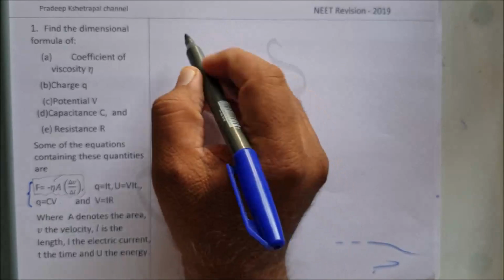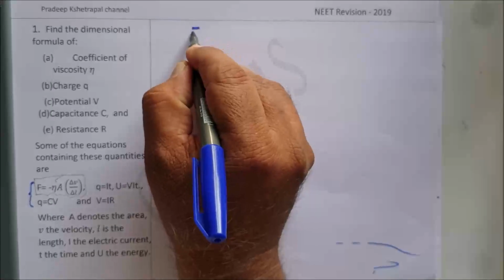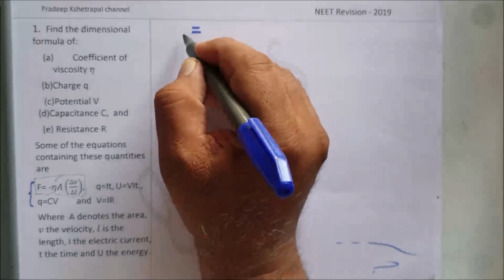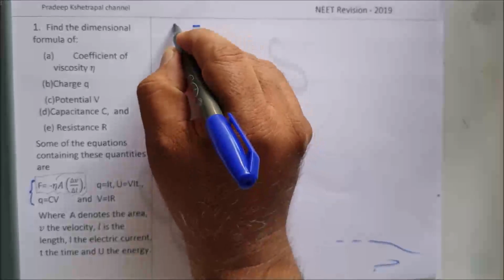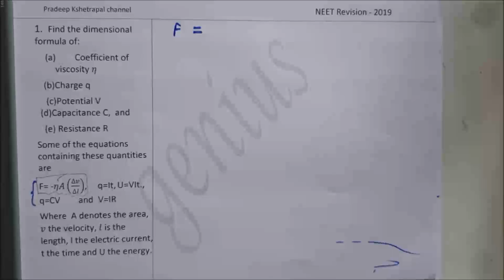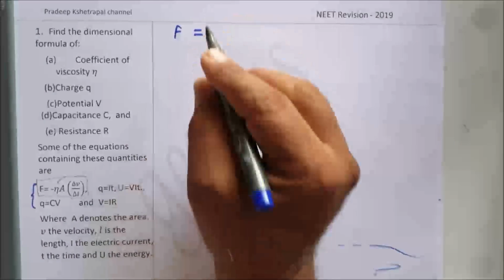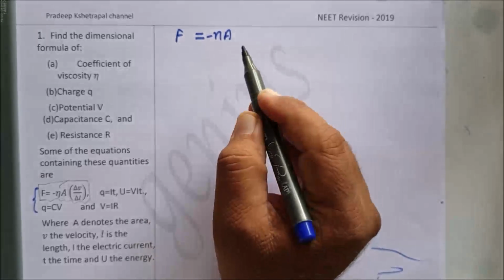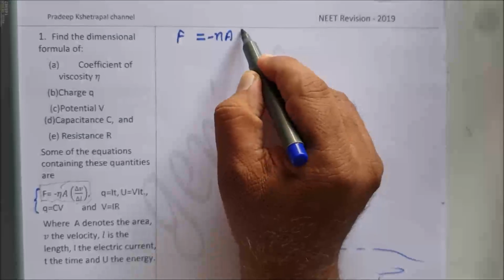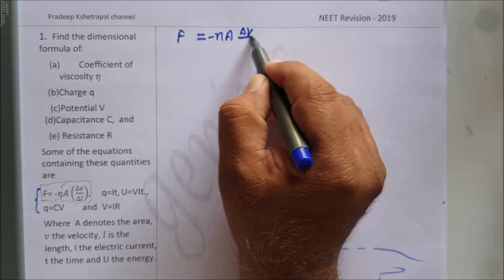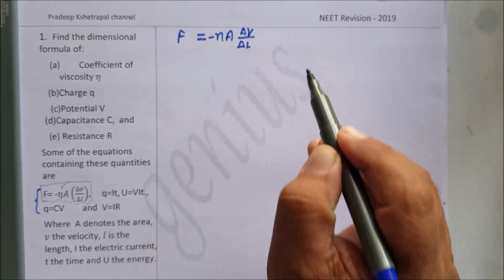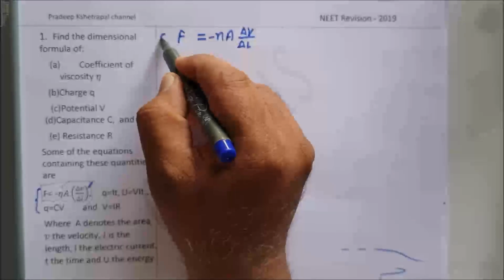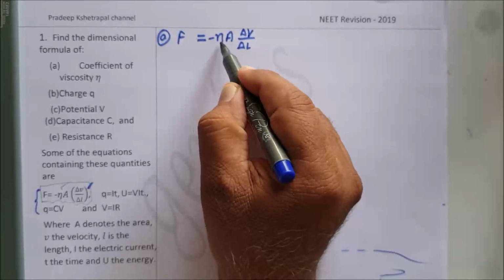So the original equation is F is equal to minus eta A dV by dl.